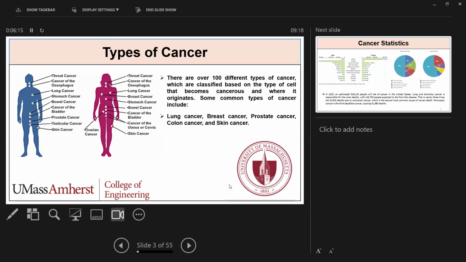So we thought, okay, it's mainly on superficial organs, which is more important. Only we knew that, right? But there are 100 different types of cancers, which are classified based on the type of cells that become cancerous and where it originates. Some common types, as I mentioned before, are lung cancer, breast cancer, prostate cancer, colon cancer, and skin cancer.